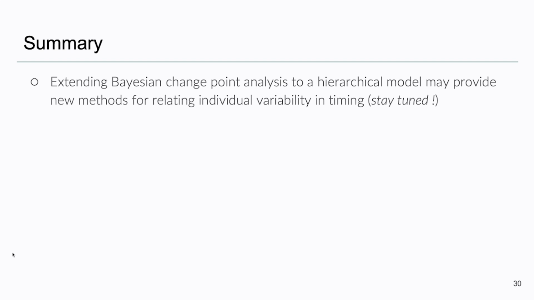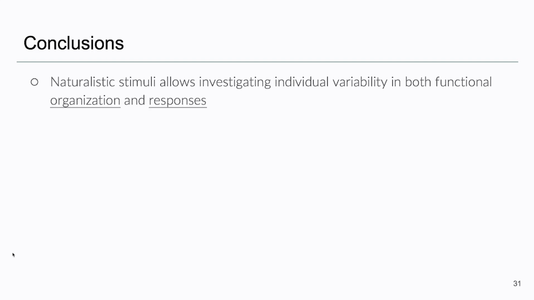If you're interested, I'm very happy to talk more about this model at my poster on Wednesday and Thursday. But in general, what we're working on is extending Bayesian change point analysis to a hierarchical model, and we think that's going to provide new methods for relating individual variability in timing that hasn't yet been possible with this kind of stimuli. So stay tuned for that.